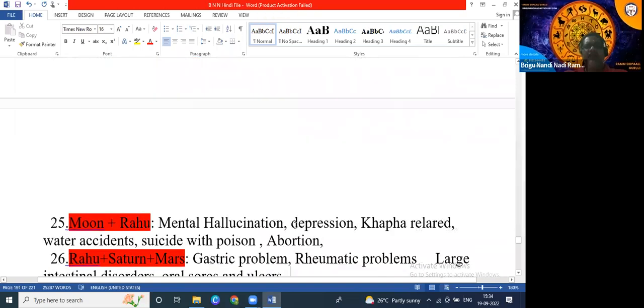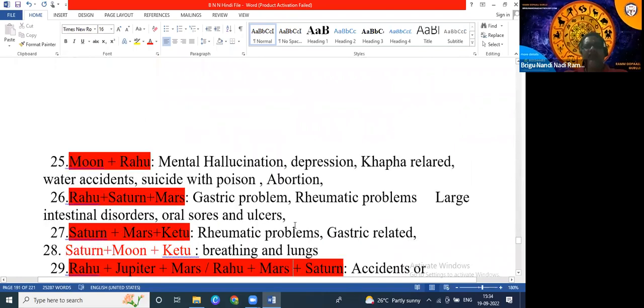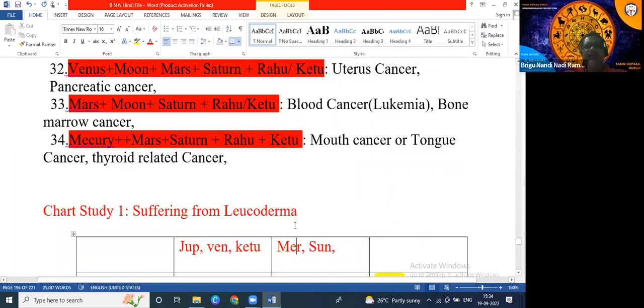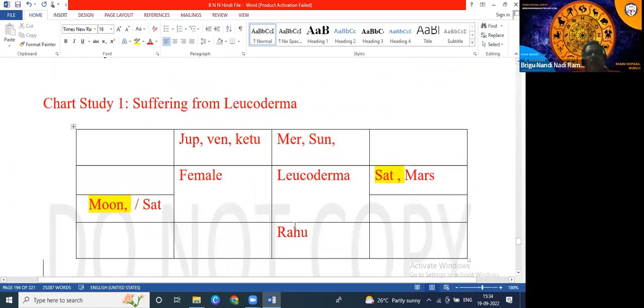There is a mythological story between the sun god and his son Shanishwara. One day Shanishwara and the sun god had some quarrel, some disturbance between them. Then Shani Bhagavan became angry because Saturn here is with Mars.